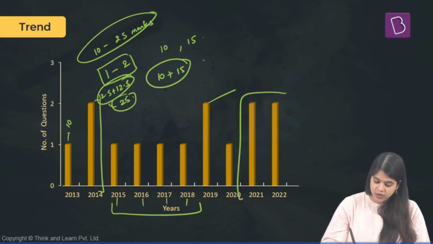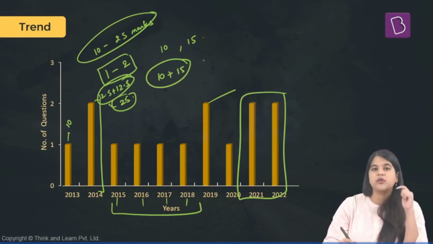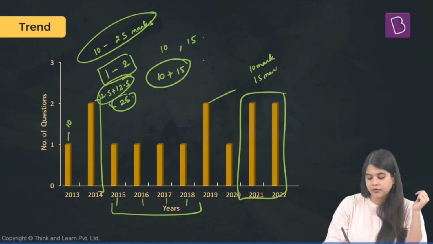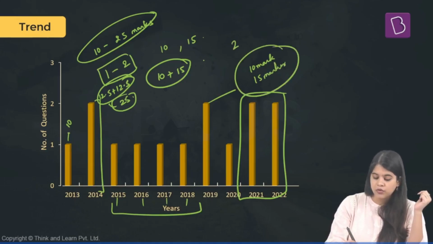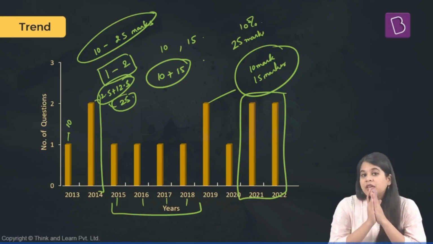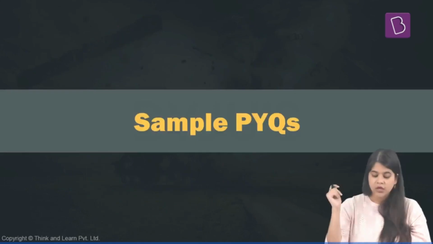Again, in the past 2 years, we have seen that at least two questions have been asked from disaster management, one each 10 marker and 15 marker. So almost 25 marks, that is 10% of the total marks, have been given to the disaster management questions.